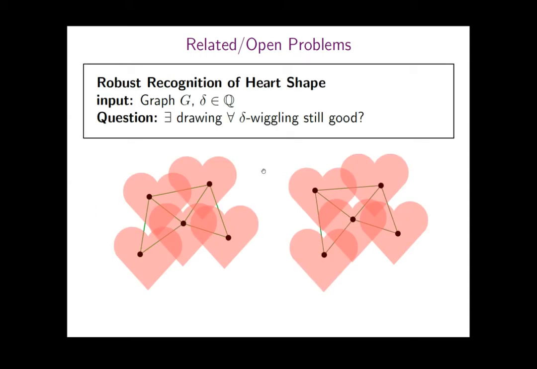One of my last open problems is about recognition of heart shapes. Again, this is robustness added to the output. The problem of recognition of heart shapes usually is: we are given a graph and we want to find a heart shape intersection representation of it. But now we also give some delta, and we want to make sure that whatever representation is given to me by the algorithm, if I wiggle it a little bit, it's still going to be a valid representation.